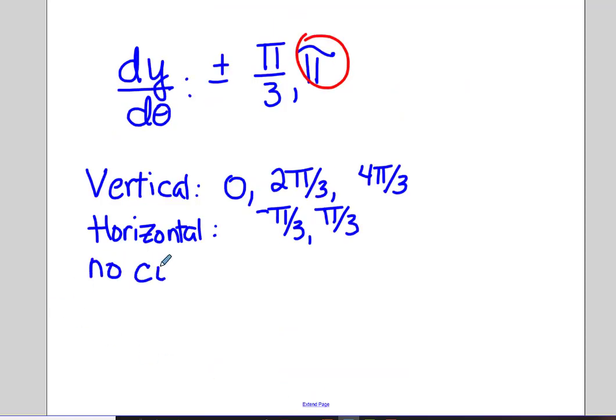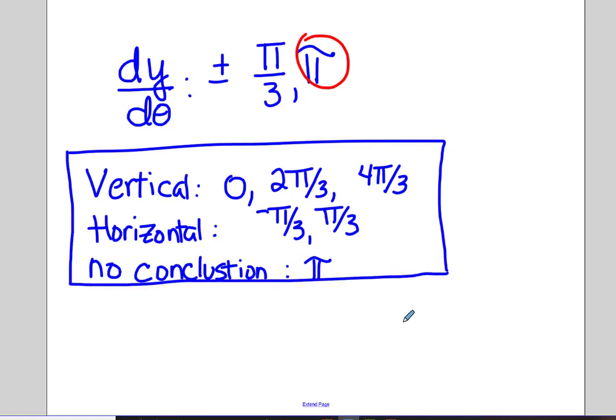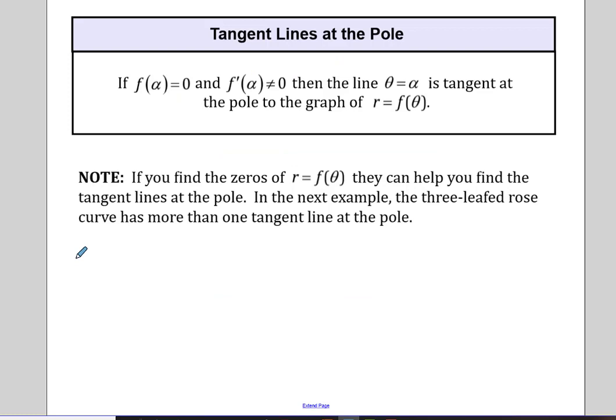And we had no conclusion if both dx d theta and dy d theta were 0, and that would have happened at pi. So this would have been the summary for finding the points on that cardioid that had vertical or horizontal tangent lines, and then we could use a graphing calculator to verify that.